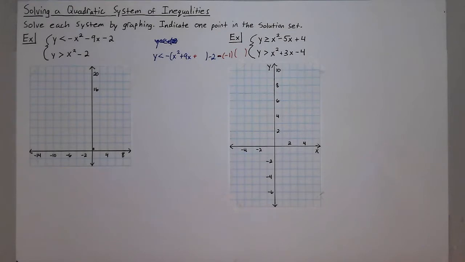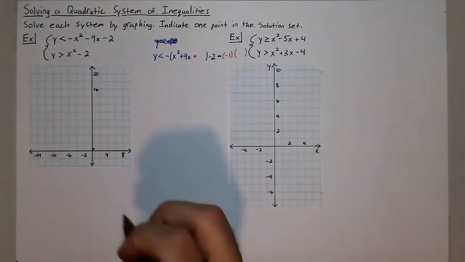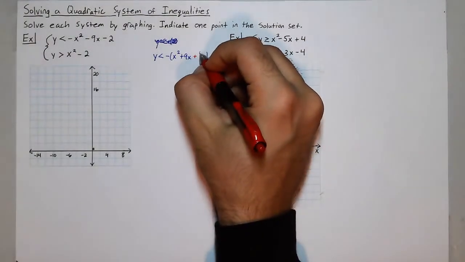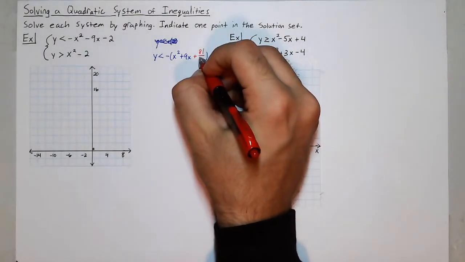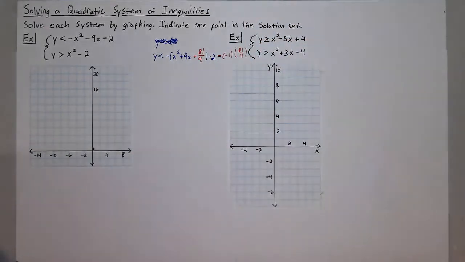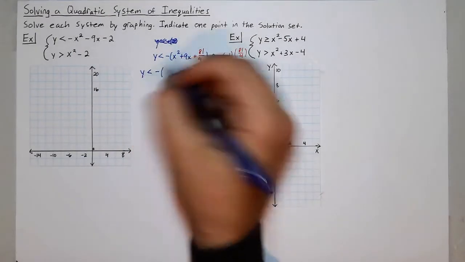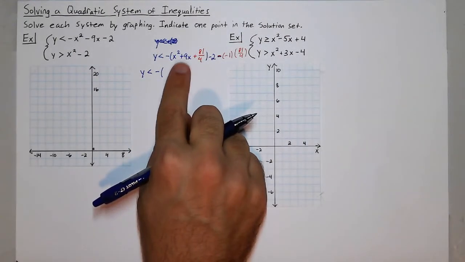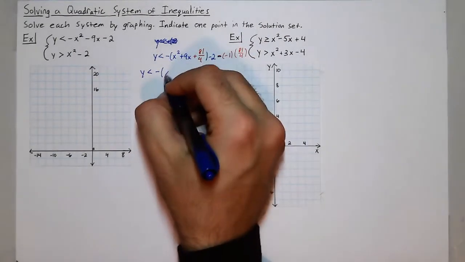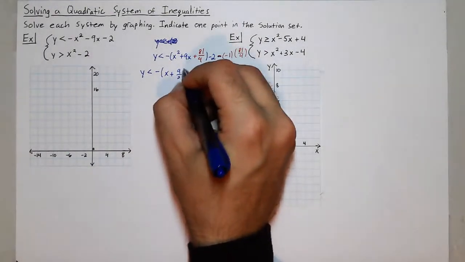So that number I'm adding there is half of 9 squared, so 9 halves, which is 9 over 2. So 9 squared is 81 over 2 squared, which is 4. So it's 81 fourths. So we'll have y is less than negative of, this factors into x plus half of 9, so 9 halves squared.